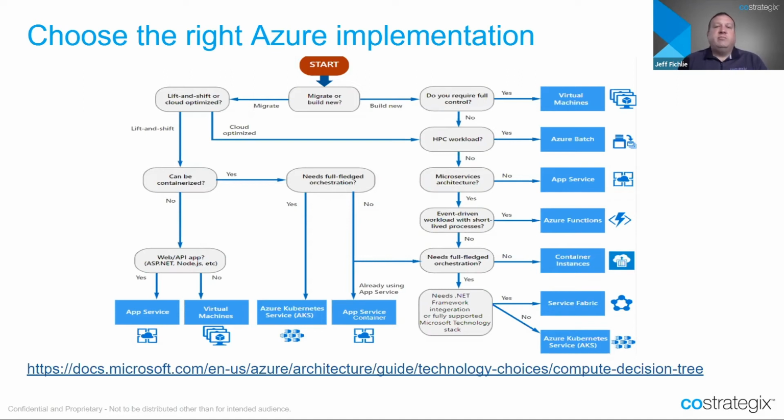We'll move now, move no, and move down to HPC workload. So high performance compute, are we requiring extremely large batch type volumes of transactions coming through? No, we'll just move on down. And then microservices architecture. So are you going to bundle all of your services together, like we talked about in that classic model?